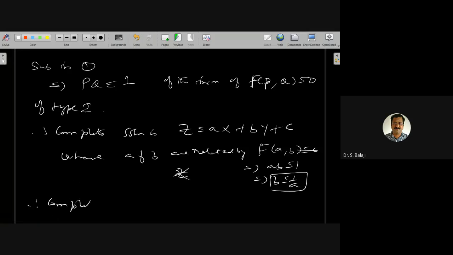For the complete solution, b is 1 by a. Complete solution of 1 means capital X is log x, capital Y is log y, capital Z is log z in small letters here. Put X equal to log x, Y equal to log y, and Z equal to log z.